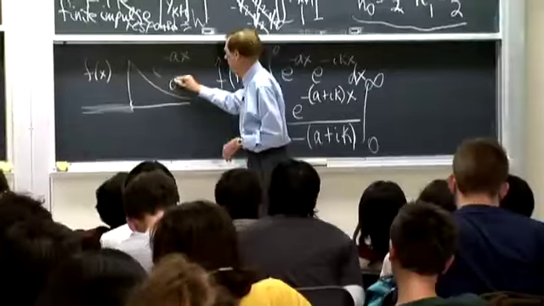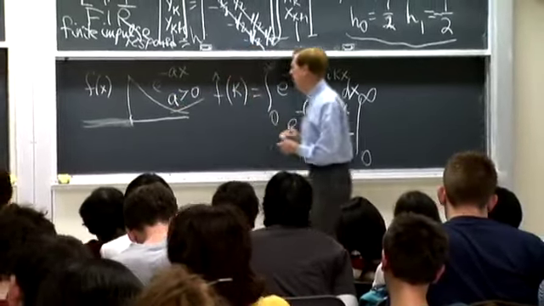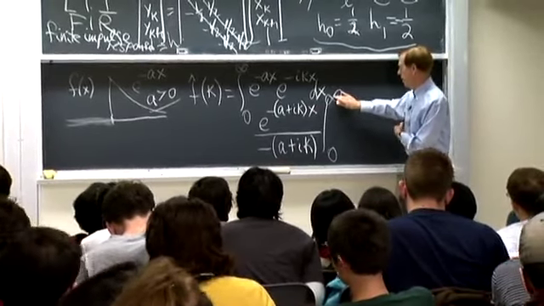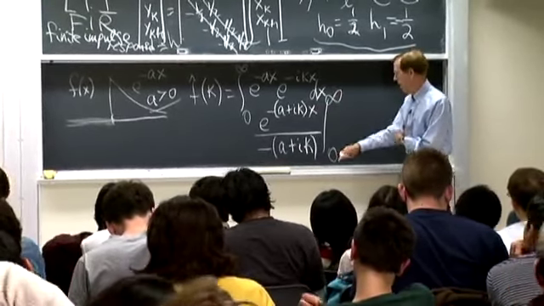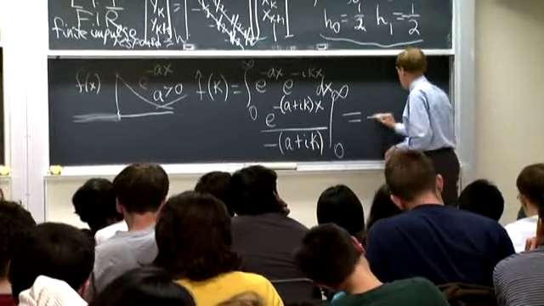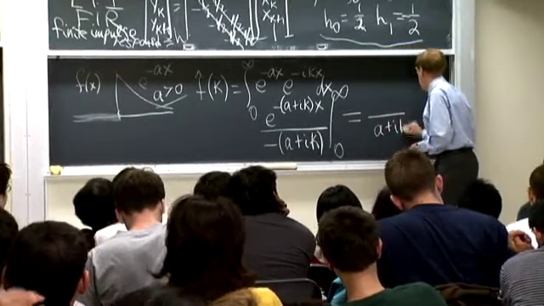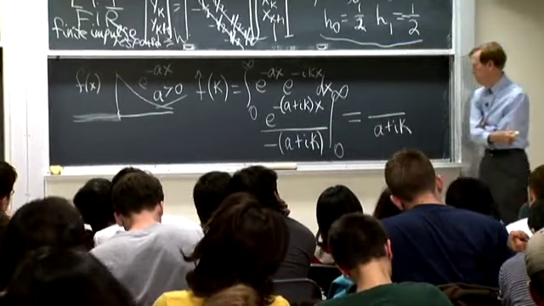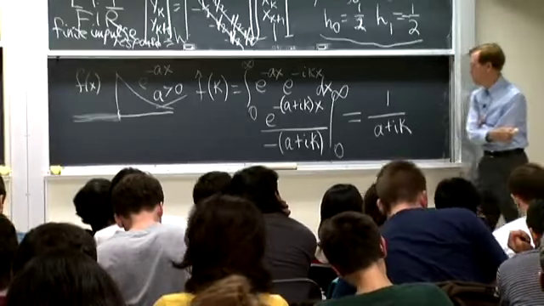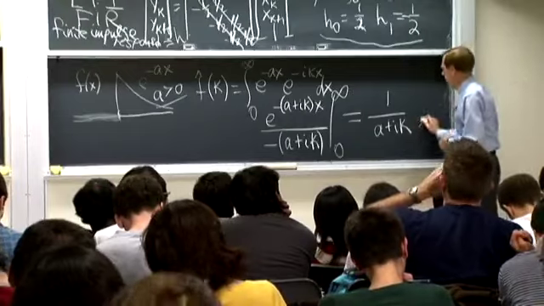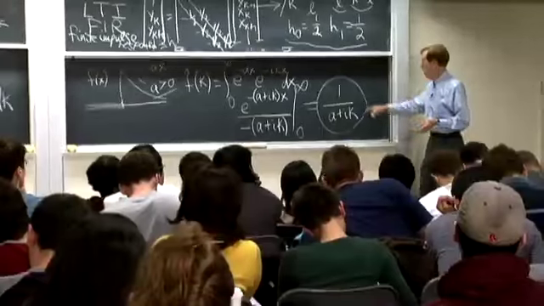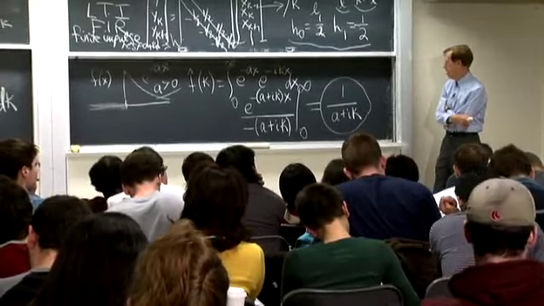That picture had to be the right one, a positive. Then at infinity I get 0. So now I just plug in this lower limit. That comes with a minus sign. So what do I get? The minus sign will make this a plus ik. And what does this thing equal at x equals 0? 1. E to the 0 is 1. So there is the Fourier transform of my one-sided exponential.